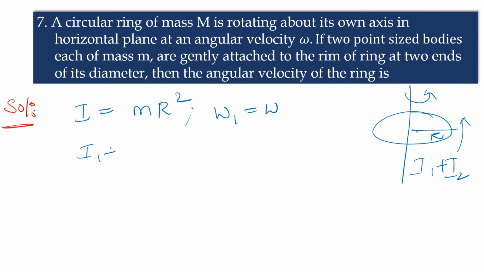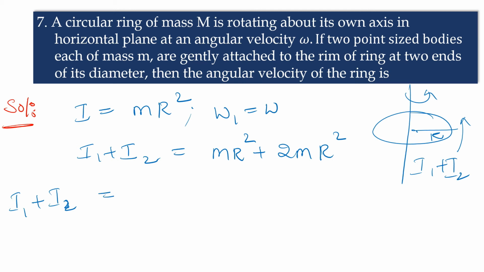I1 plus I2 is equal to m r square plus 2m r square. Now substituting, I1 plus I2 is equal to, taking r square as common, m plus 2m into r square. Now we have to calculate omega 2.